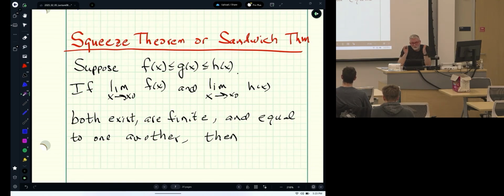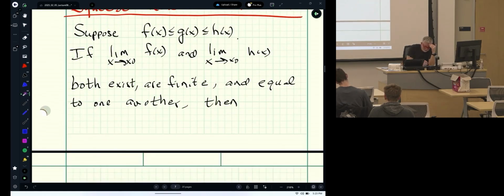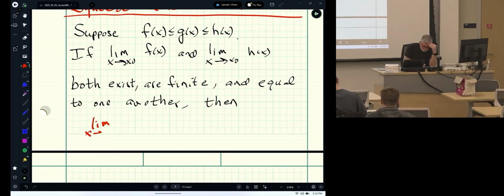It's squeezed between these functions, and the upper bound and the lower bound are equal. So then g is equal to either of them because they're the same, okay? Then the limit as x approaches x0 of g of x, and it's up to you. Just choose one.